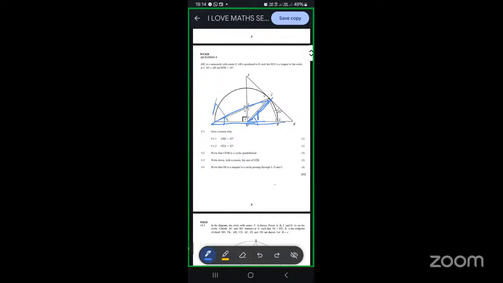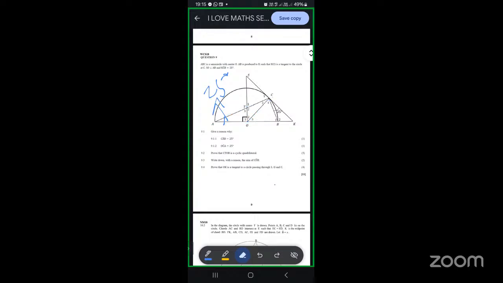I had that as 25 degrees, therefore now this will be 50 degrees. Reason being, angle at the center is 2 times the angle at the circumference. Does this one make sense to you guys? Yes, sir. Okay, thank you guys.